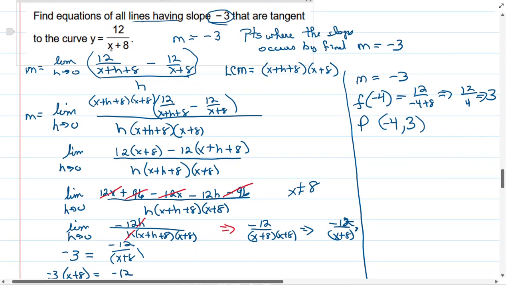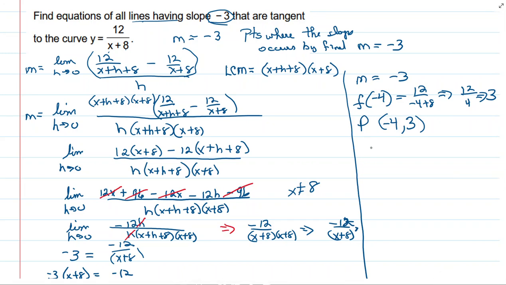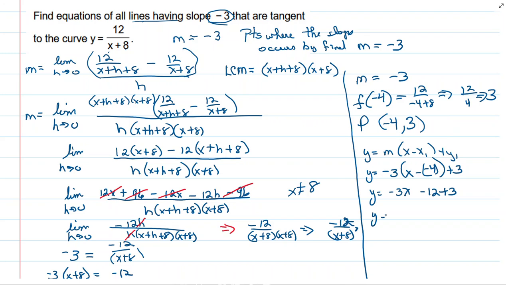So if I put a -4 here, yes, it works. So we're good. Now we do the equation of the line. I get this guy right there.